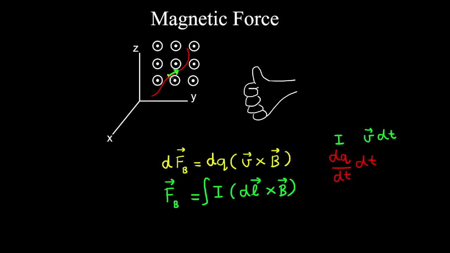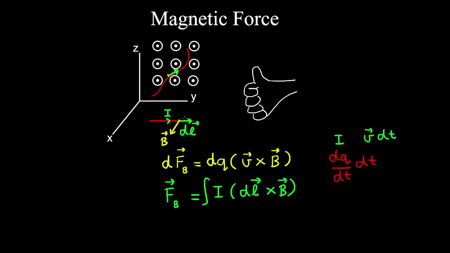So for example, suppose we have this wire inside this magnetic field with a current going through this wire, then the differential length of wire is going to have a magnetic field vector at this point pointing out of the screen into the x-axis.